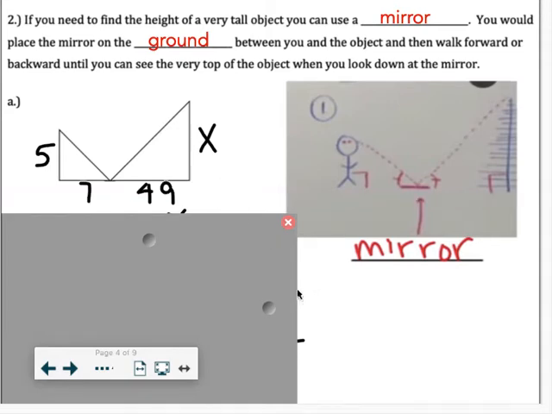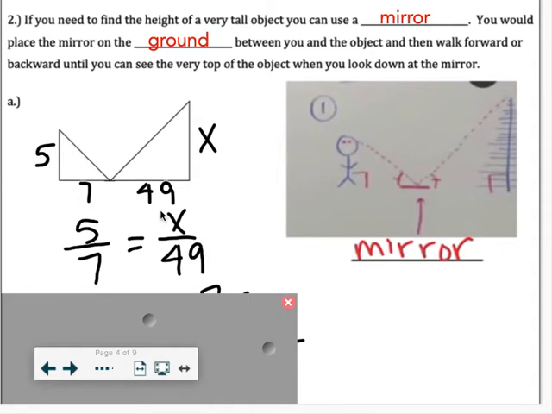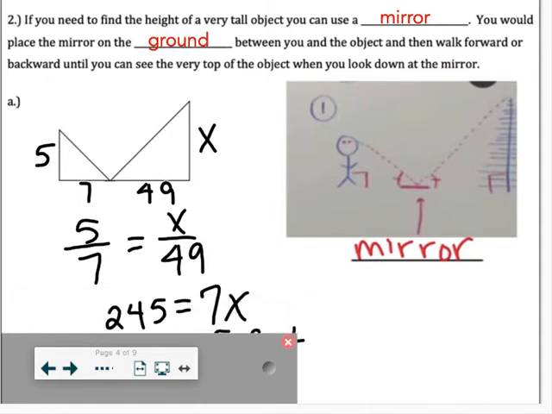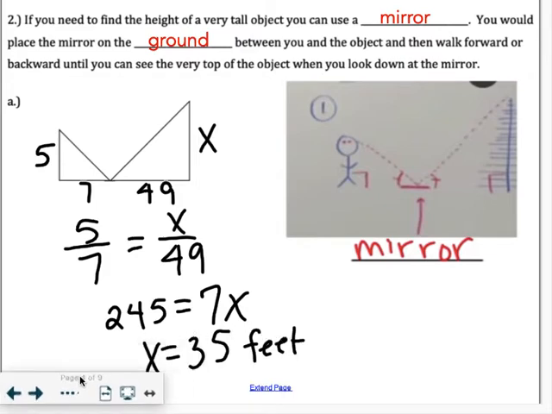So then the proportion that I could set up might be 5 over 7 equals x over 49, or 5 over x equals 7 over 49. Cross products equal to each other. 5 times 49 is 245. 7 times x is 7x. And then dividing both sides by 7 to get x by itself, I could have that tree is 35 feet tall.